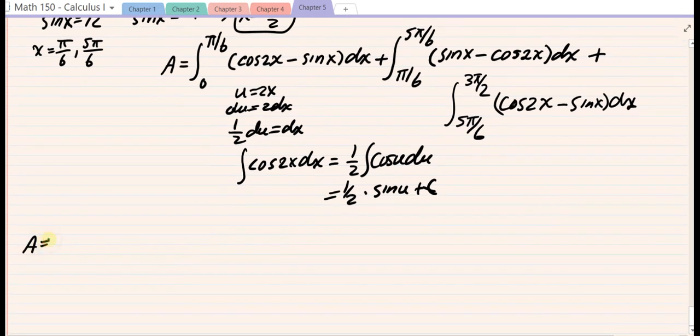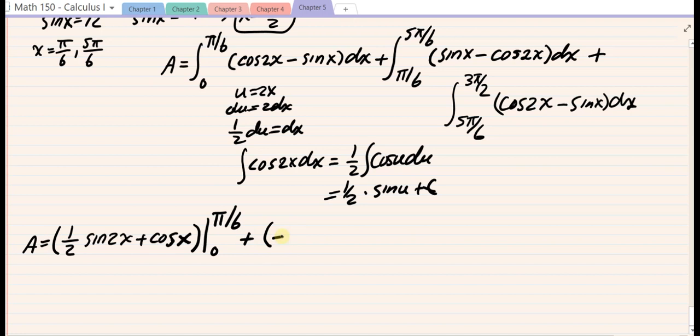Now I can finish this off. The integral of cosine 2x, therefore, is going to be 1/2 sine 2x plus cosine x, right? Because the integral of sine is negative cosine, and the double negative makes positive. This is from 0 to pi over 6. Okay, and then plus, next one, negative cosine x, the integral of sine, minus 1/2 sine 2x.